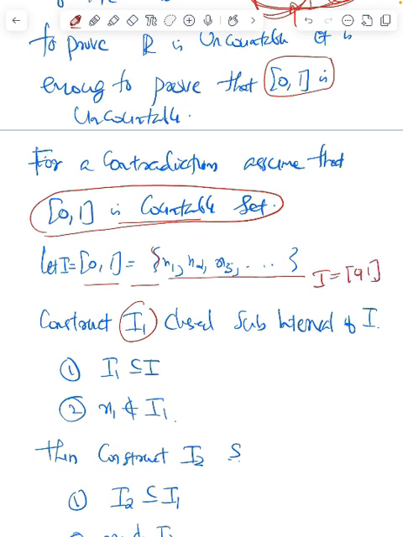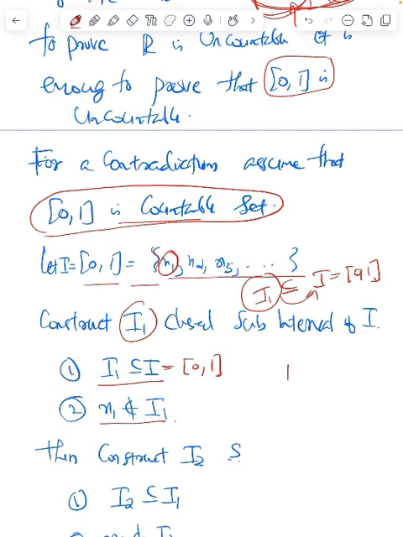I am going to construct a closed interval I1, which is a subset of [0, 1], with one more property: the element x1 does not belong to I1.